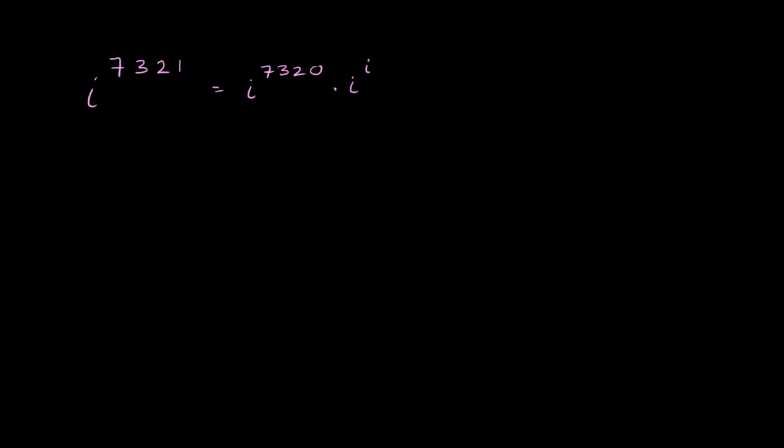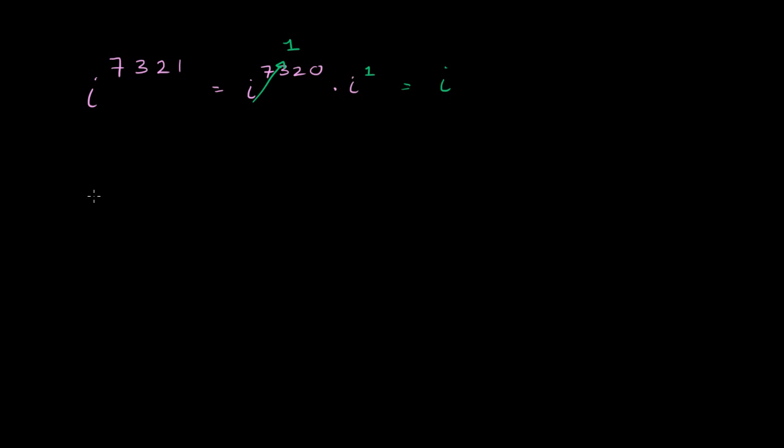This is a multiple of 4, and I know that because any 1,000 is a multiple of 4, any 100 is a multiple of 4, and then 20 is a multiple of 4. And so this right over here will simplify to 1. 7,321 is 7,320 plus 1, and we're just going to be left with i to the 1st power, or just i.